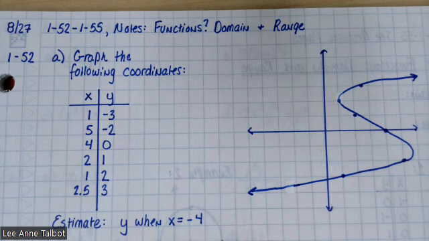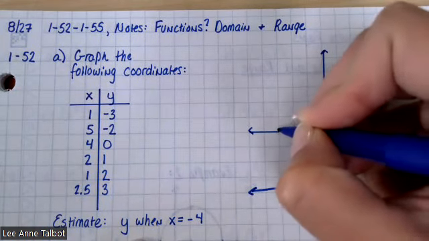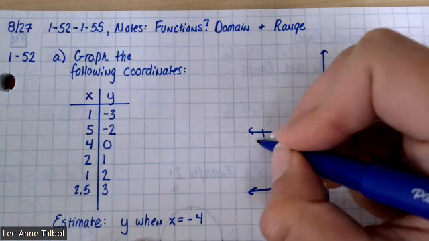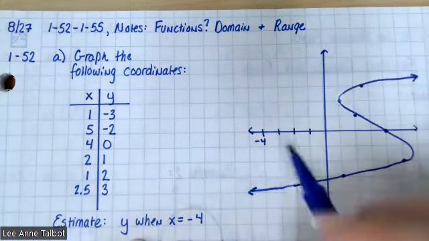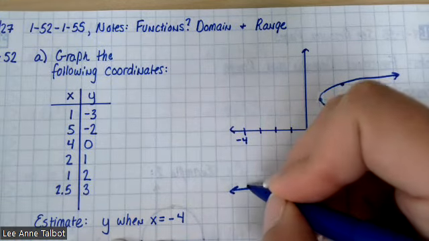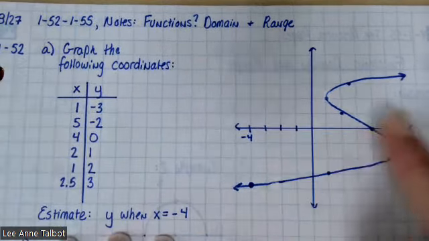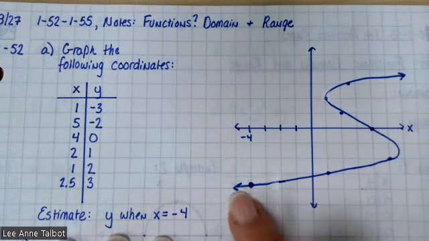Okay. Estimate y when x is -4. So what I want you guys to do is go where x is -4, right there. And I want you to make a dot on the curve. So right here. So I went to where x was -4, and then I went to my curve and I made a dot.